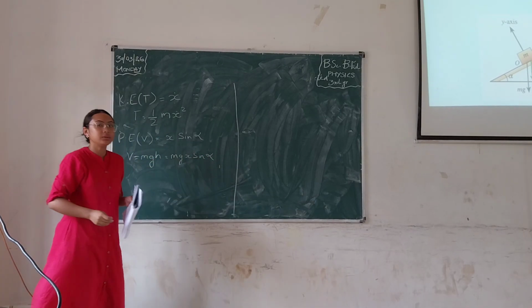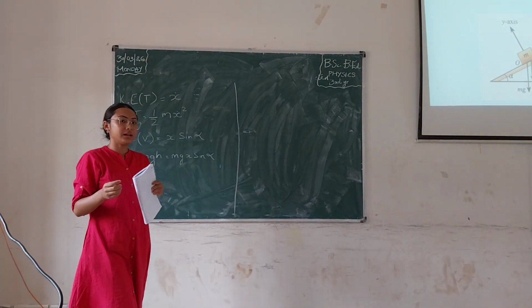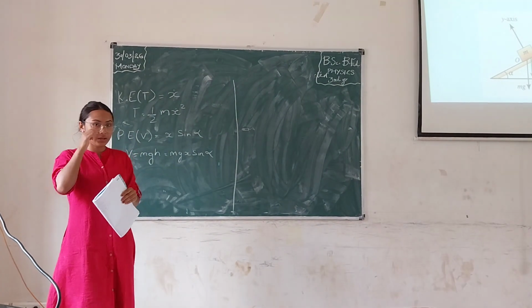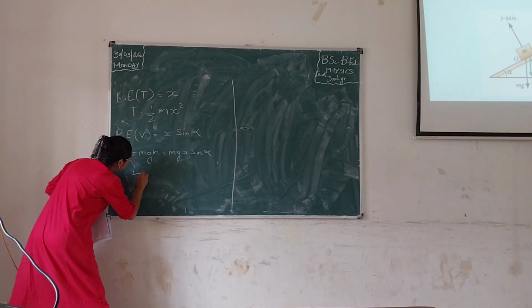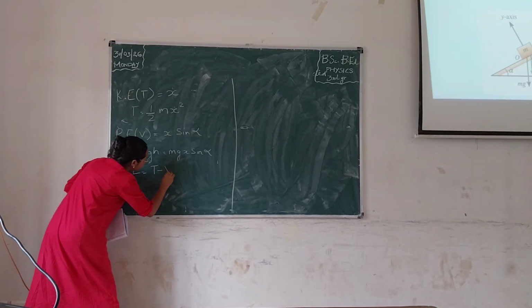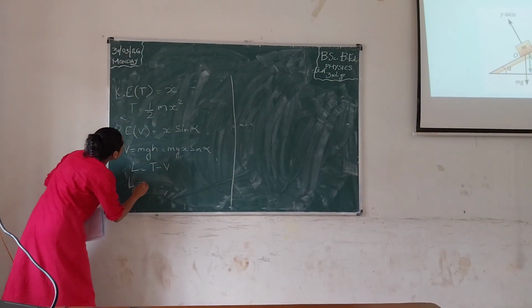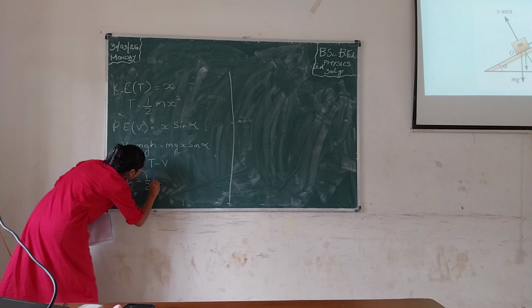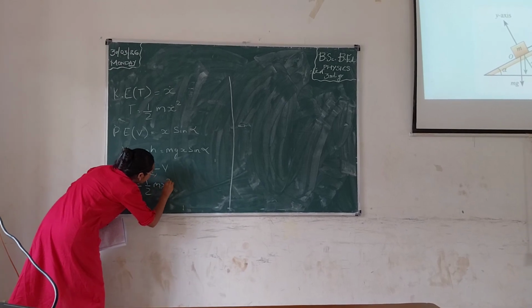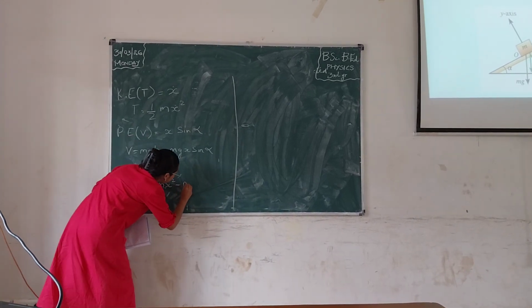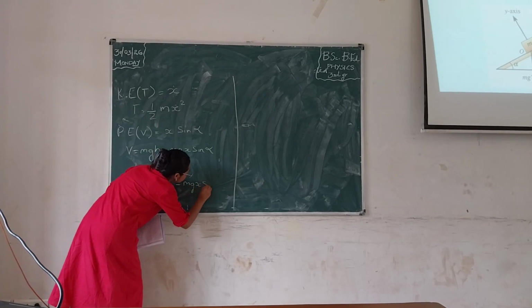So as I told you, the Lagrangian is defined as the difference between kinetic and potential energy. So L is equal to T minus V. Here T is equal to half m x dot square, minus V, which is equal to mg x sine alpha.